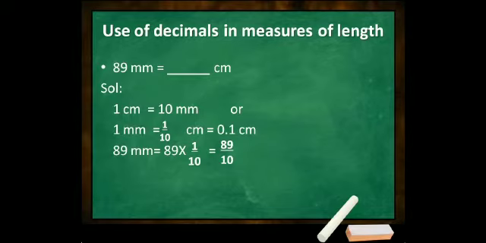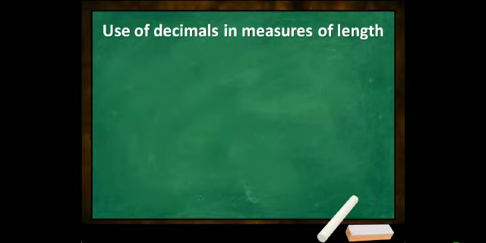When you divide it, you will get 8.9. Or you have a 1 and a 0, so from behind, for 89, you put a point because it has only 1 decimal place. So it becomes 8.9 centimeters.